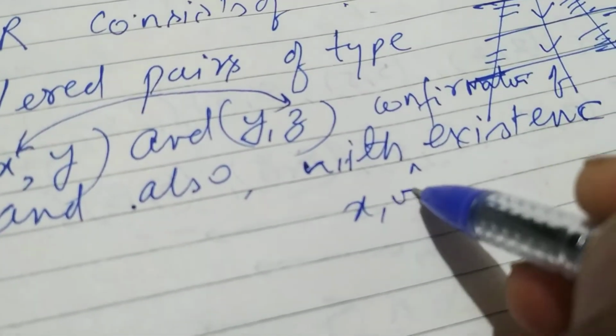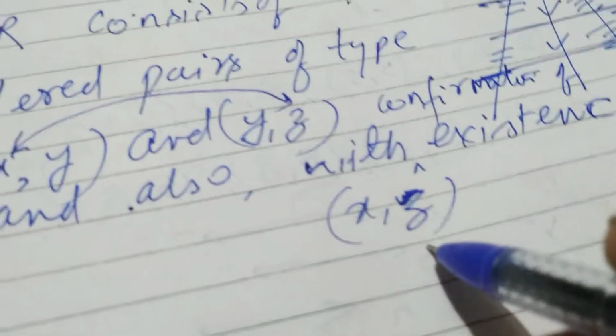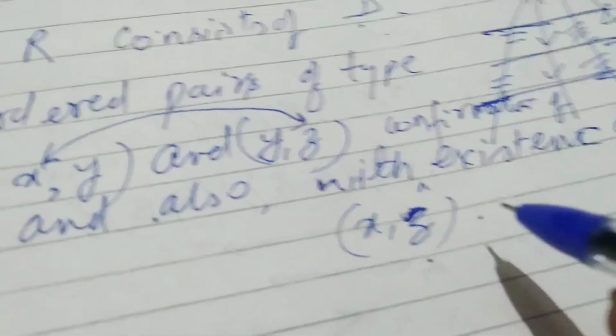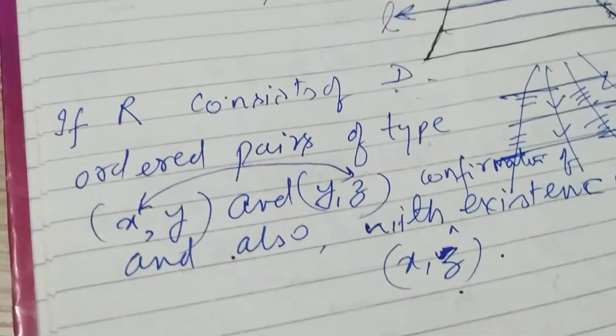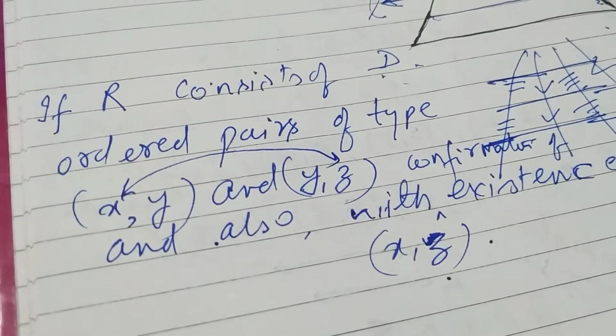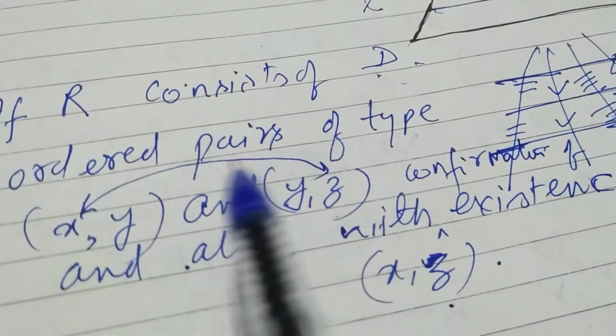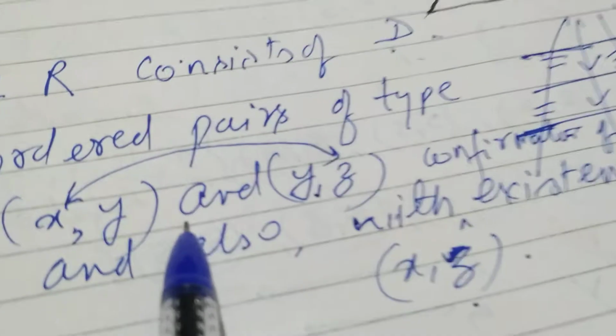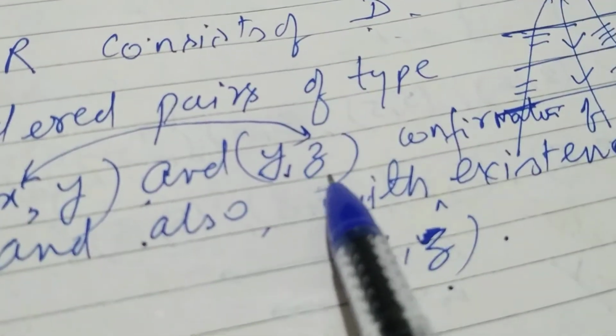If you confirm that (X, Z) is also present, then that particular relation R will be called a transitive relation. If at all elements of this type are present, then (X, Z) should be present.